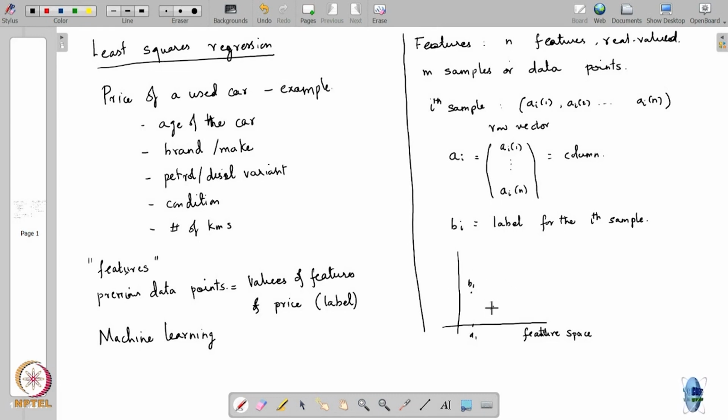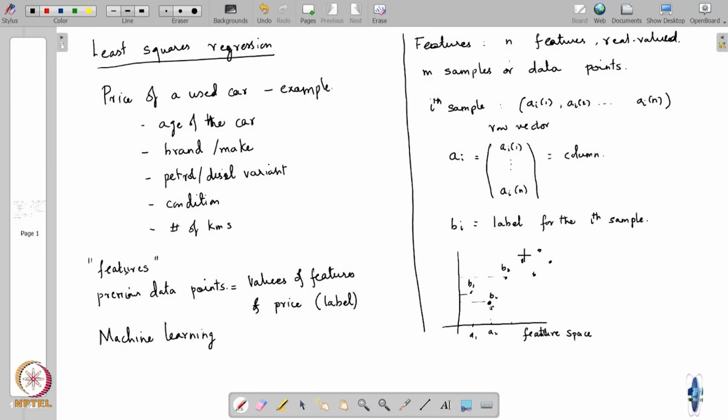I have an a_2 here, suppose, and a b_2, and an a_3 and a b_3, etc. And so, you have these m samples. Okay. Does everyone understand this? There are m samples, that is, m is the number of dots that I have here, and n is the length of the feature vector.